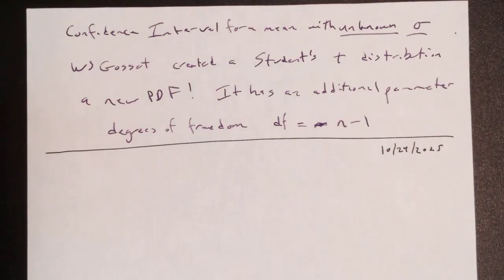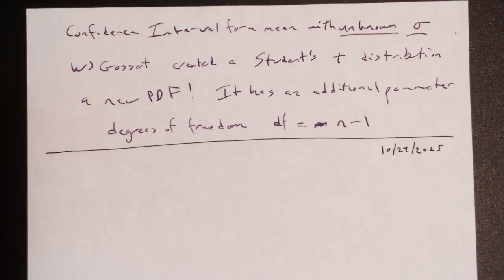Meanwhile, I want to continue my discussion about confidence intervals based off of Gosset's t-test, the Student's t-distribution. And as we said, t-distributions are wider. The tails are fatter than in the normal distribution. So that's always true.